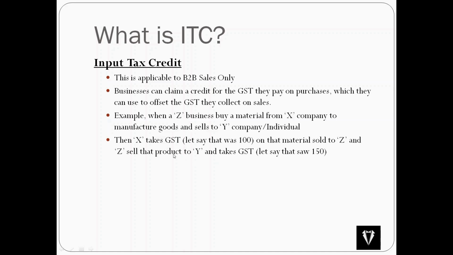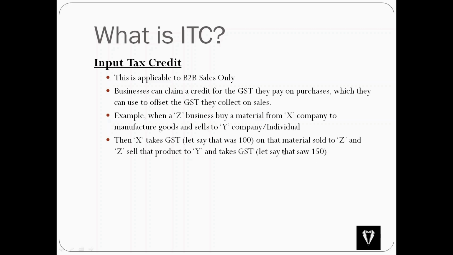That is 100, let's say. Then you sell it to Y, the Amazon customer, and take 150 as the GST amount for that product. That is 18% or something, based on the product or type.